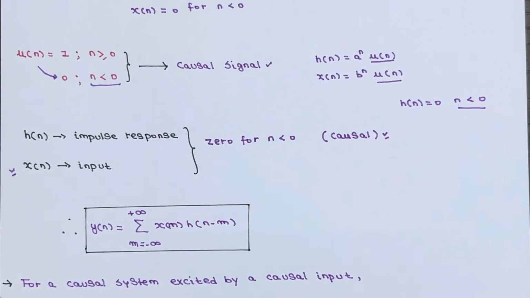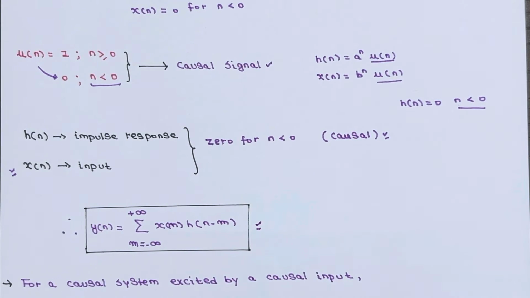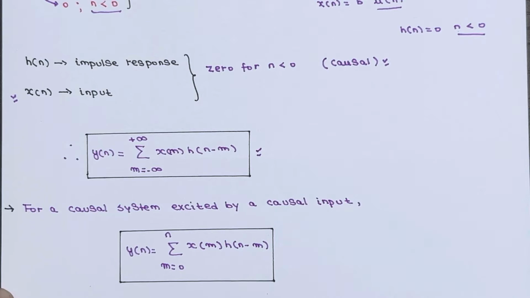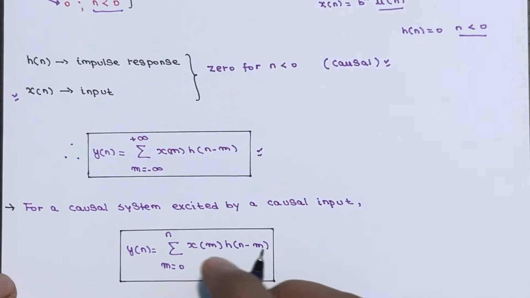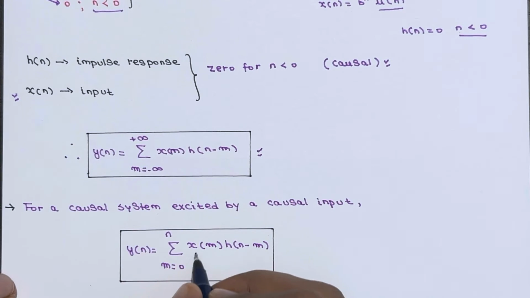You already know the general expression for y of n, but here we know that the system is also causal and the input is also causal. So we can apply the formula that we have seen in the last lecture. For a causal system excited by a causal input, y of n is equal to the summation of x of m into h of n minus m, where the limit of m ranges from 0 to n.